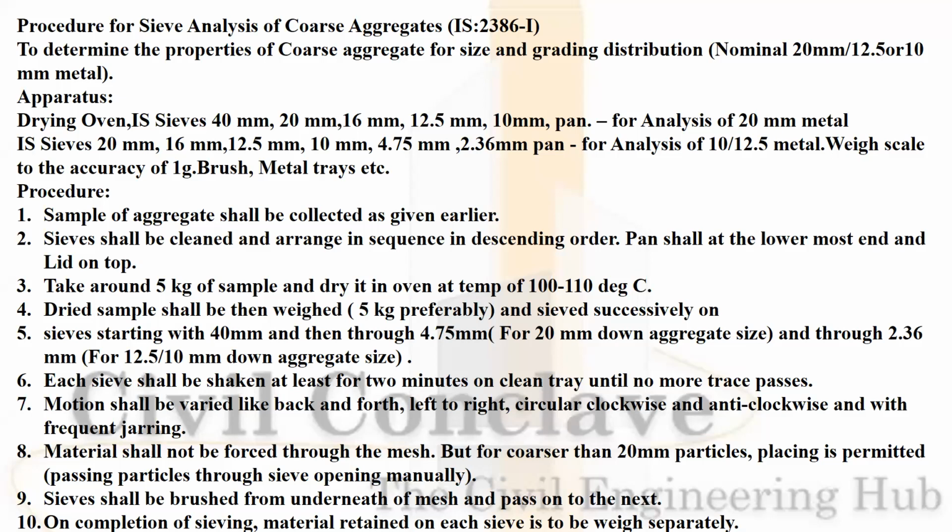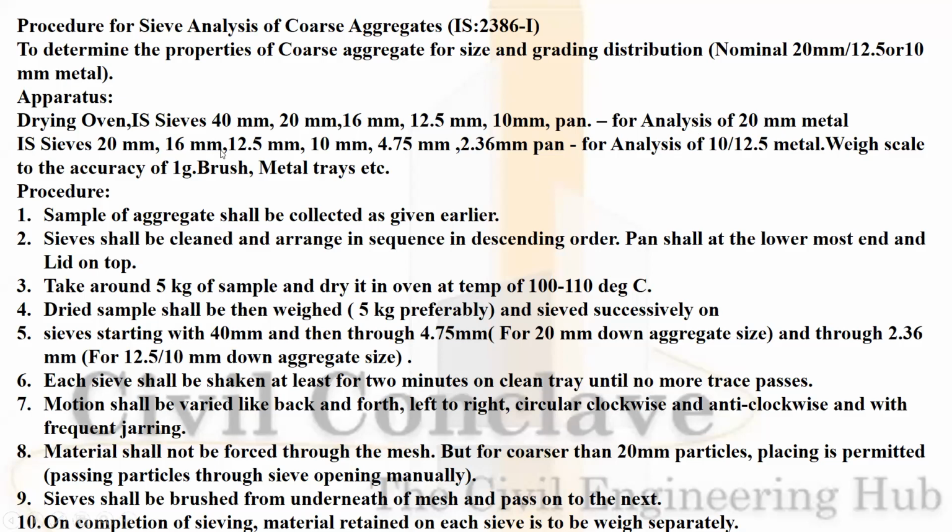First, the process is sieve analysis of the coarse aggregate, which has been defined in IS 2386 Part 1. The purpose of this test is to determine the properties of the coarse aggregate, size and grading distribution.